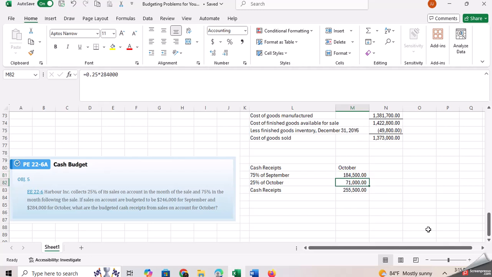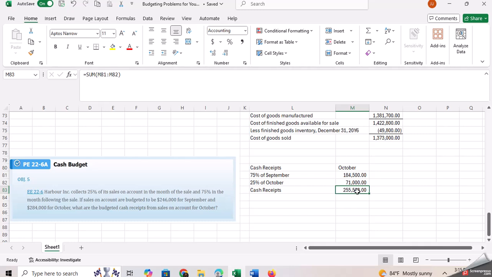Then 25% of October, which again is the 284,000. Looking at my formula, I got 0.25 times the 284,000, and that gives us 71,000. And then you add those two together for your total receipts.